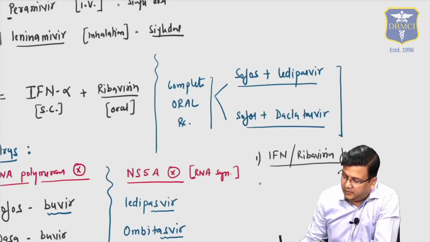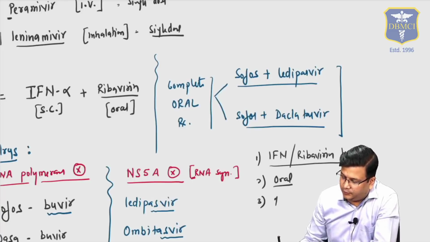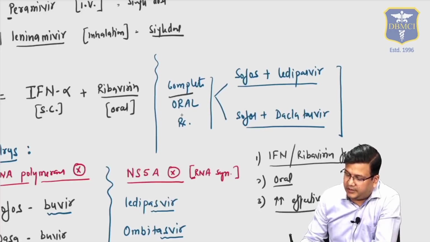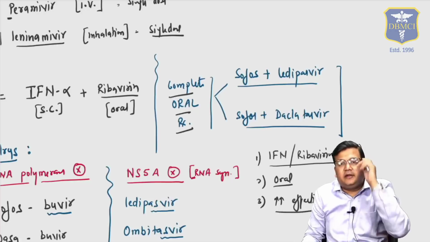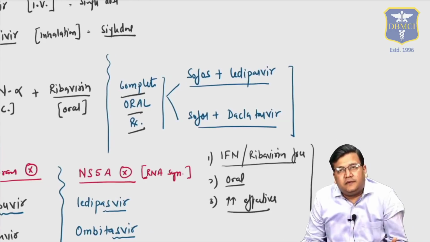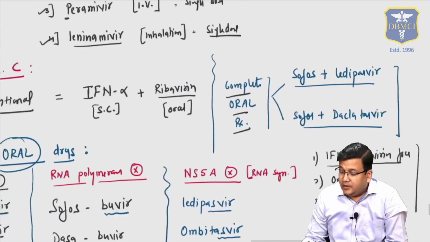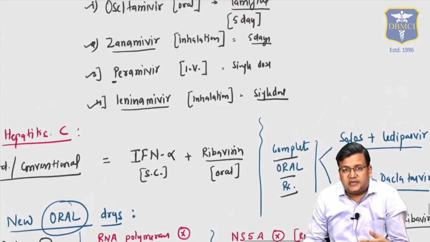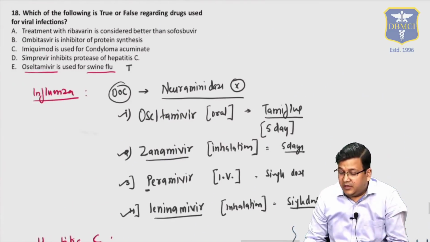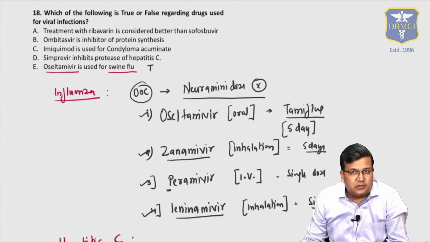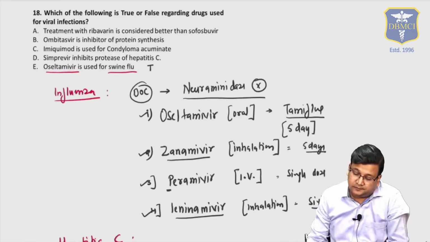Number one, they are completely oral and they have been found to be highly effective. So complete oral treatments have come up, getting rid of the need of interferon and even avoiding ribavirin. So these are the new developments in hepatitis C, and with this background we can attempt the options.